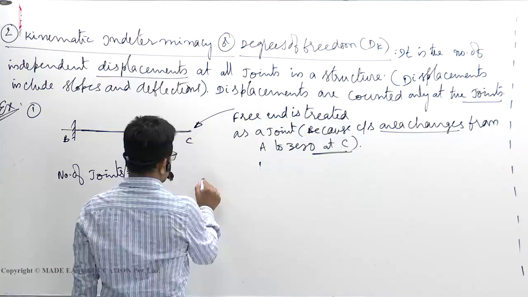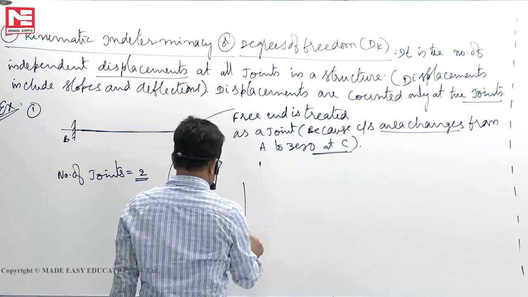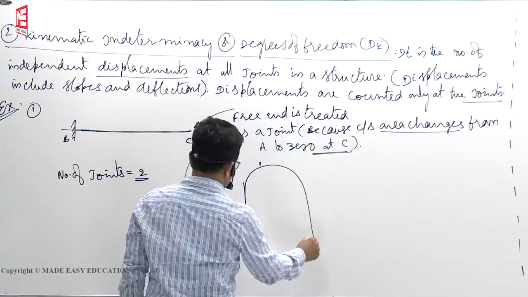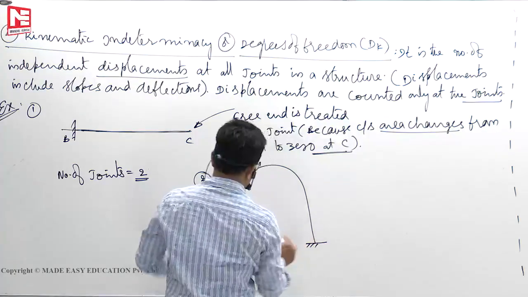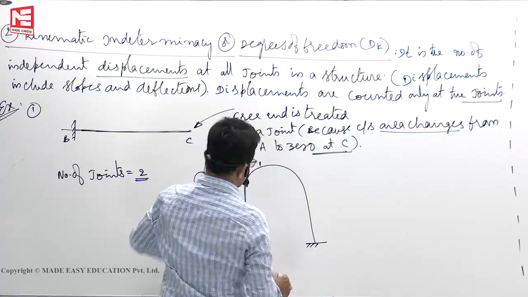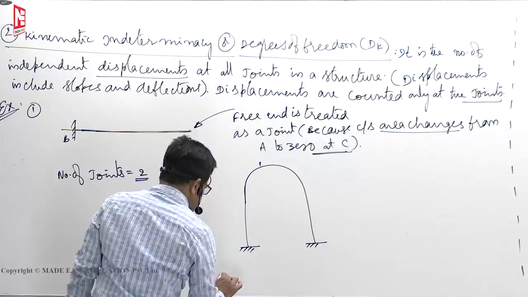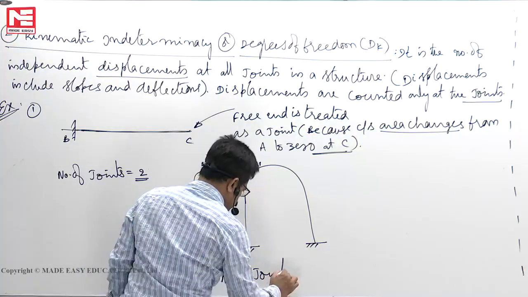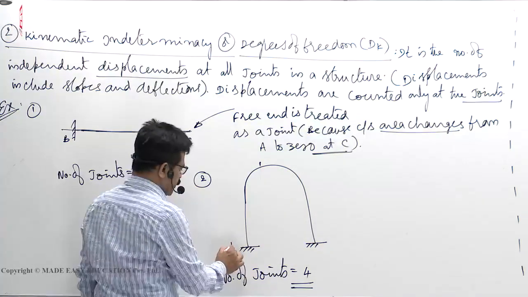Next, second example. Assume that you have a structure like this. How many joints are there? You have to count them as 4. 4 joints are there. 1.